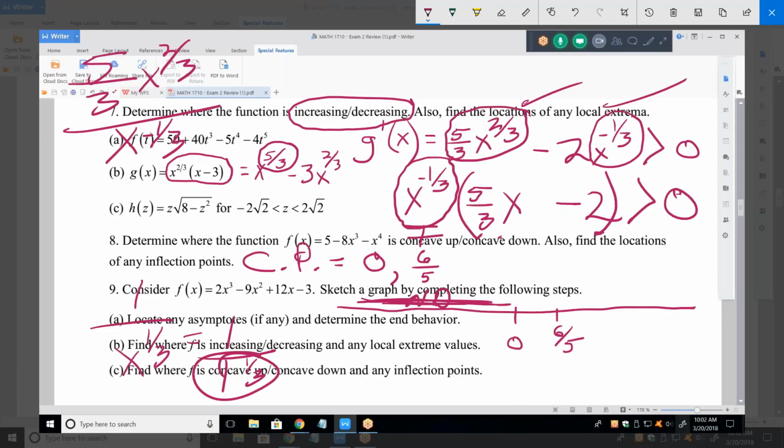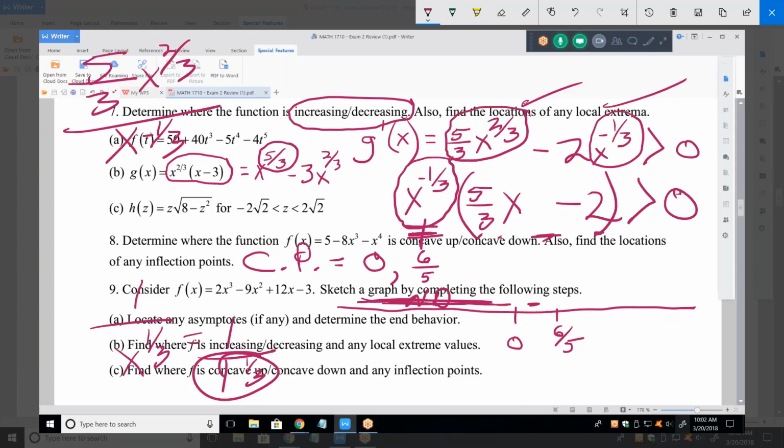Well, that's 1. 1 over 1 is 1. So that's positive. What about when I plug in 1 here on the right part of that? That's negative. Okay, so that's negative. That means it's negative in that whole interval.